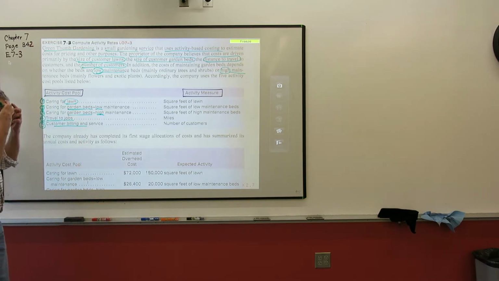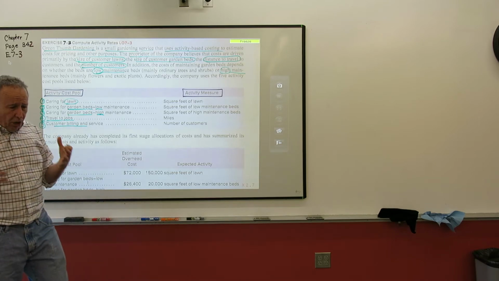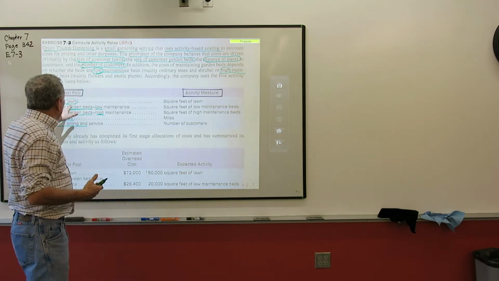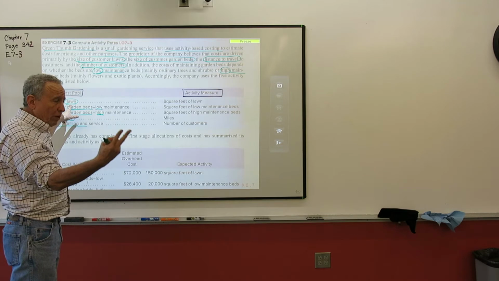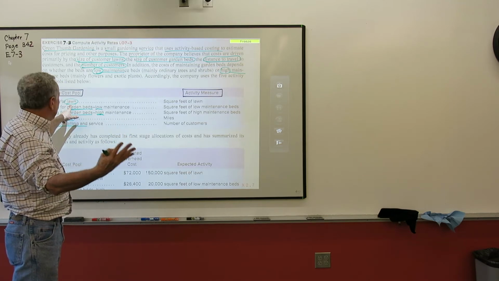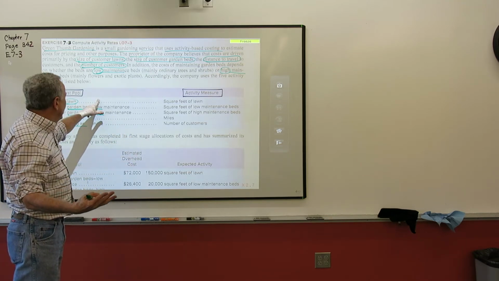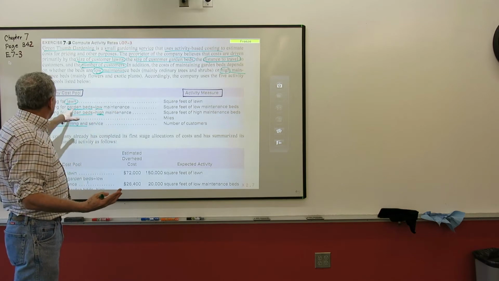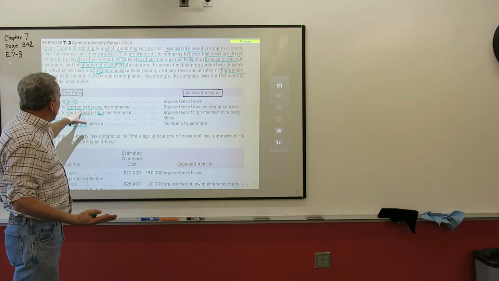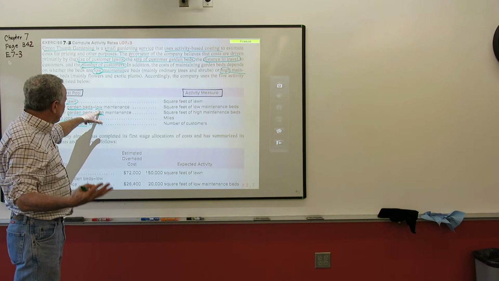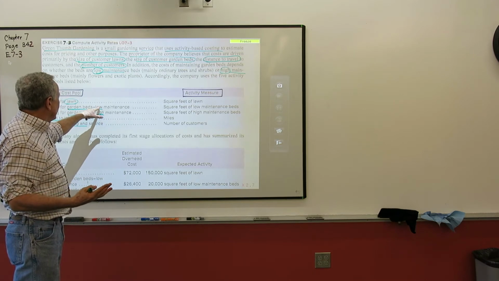If he's thinking in his mind, this is what causes me to spend money. On mowed lawns, I gotta have tractors, weed whippers, edgers, blowers, and gas and oil and blades. For garden beds, he's gotta have tillers, and certain sprays and fertilizers, and he's gotta go in there and de-weed them.